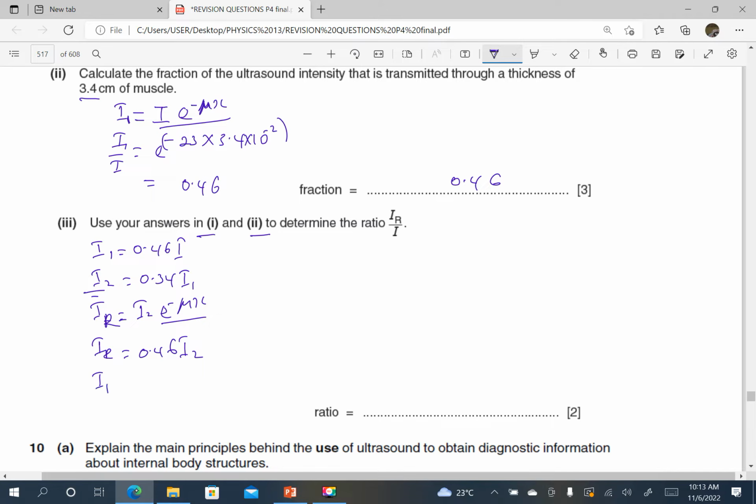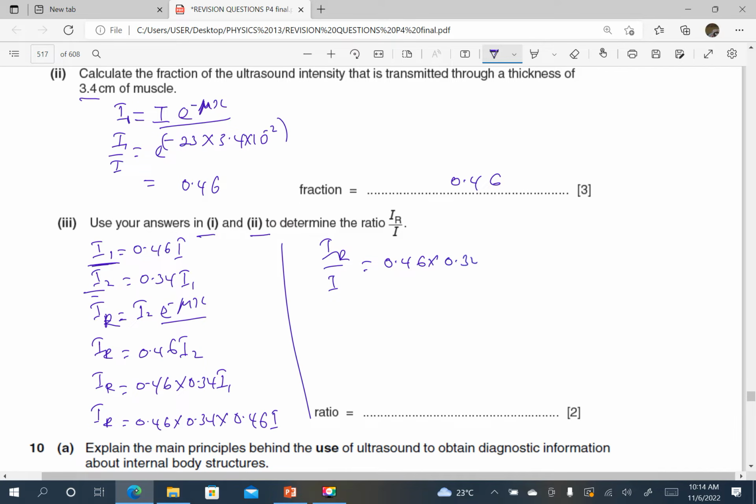So IR will be equal to 0.46 times 0.34 times I1. Again, back substitution, we bring in I1. So IR is going to be 0.46 times 0.34 times 0.46 times I. So the ratio IR over I, as required, is going to be simply 0.46 times 0.34 times 0.46.